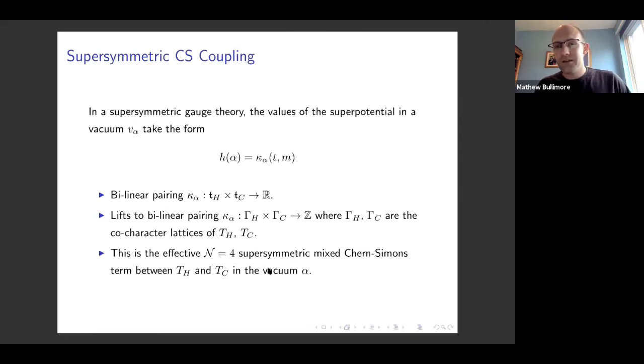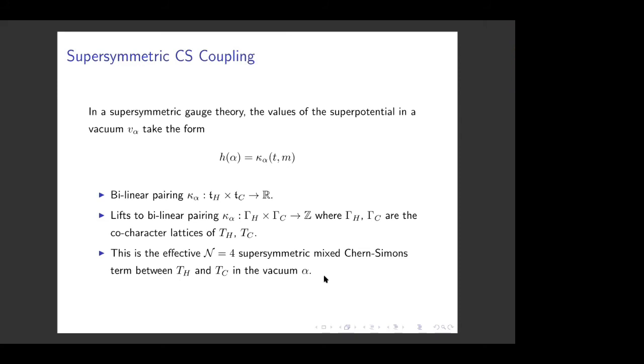So normally, in an N=4 theory, you can have a mixed Chern-Simons term between a vector multiplet and a twisted vector multiplet, and this is what's happening here. But it's a mixed Chern-Simons term that you would get in your massive vacuum by integrating out all of the fields and computing the Chern-Simons term that is induced. So this is nothing but an effective Chern-Simons term. Okay. So that's another way to give an interpretation to the function H.